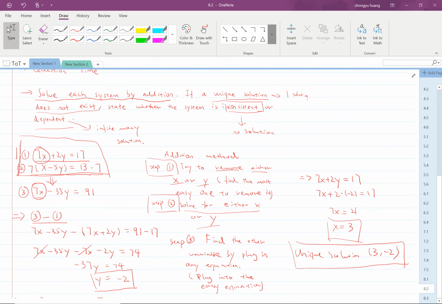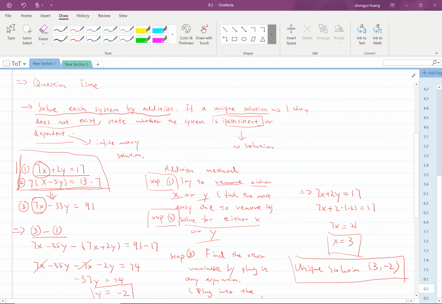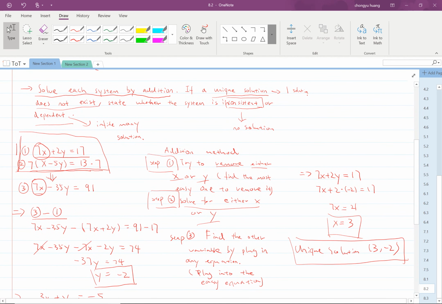So that's basically the steps. I know it feels a little bit confusing, but I already tried my best to explain this method.